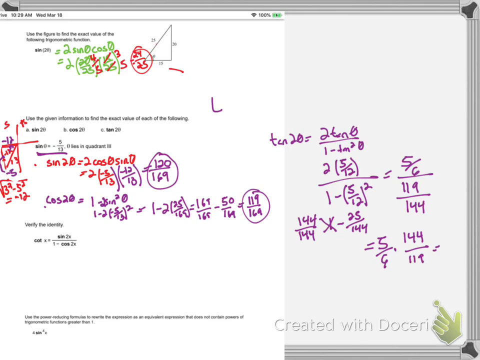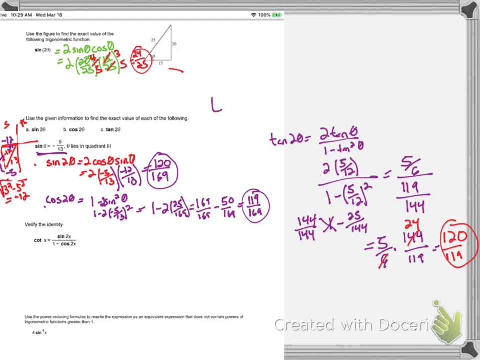I know that 6, let's see if that goes into 144 evenly. It does. 6 goes into 144 24 times. So we have 24 times 5, which is 120 over 119. And that would stay positive because tangent is positive there.